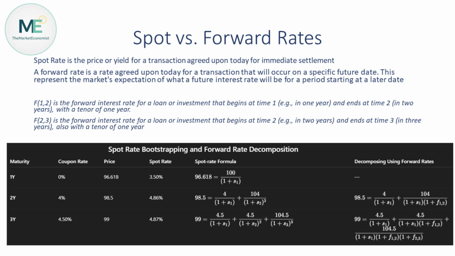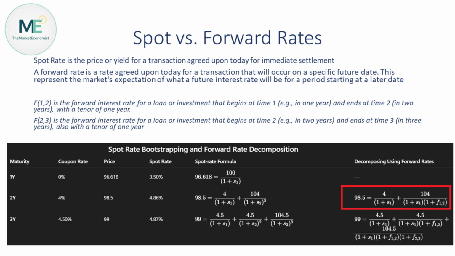If you look at the example in the table below, for a 2-year maturity bond, we had seen how we can arrive at S2 using the price of the bond, and S1 we had already calculated using the 1 year maturity bond.